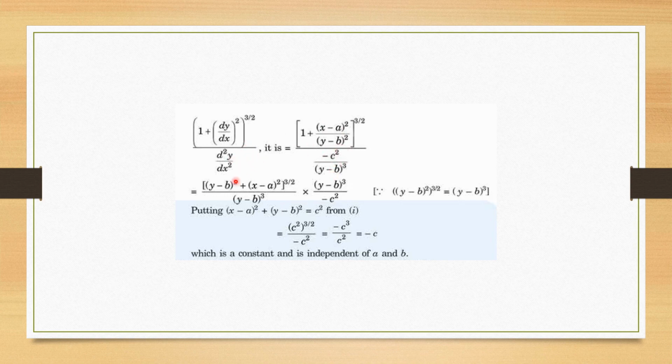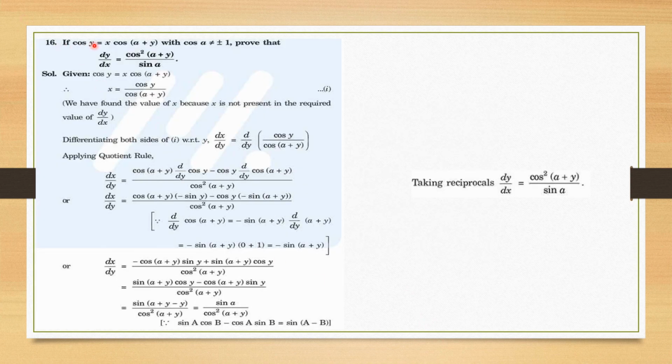After taking the LCM, you will find that the denominator can be expressed as c square raised to power 3 by 2. The y minus b whole cube gets cancelled, and the denominator with minus c square. So this becomes c cube by minus c square, as 2 gets cancelled. So c cube by c square is minus c, which is a constant independent of a and b.